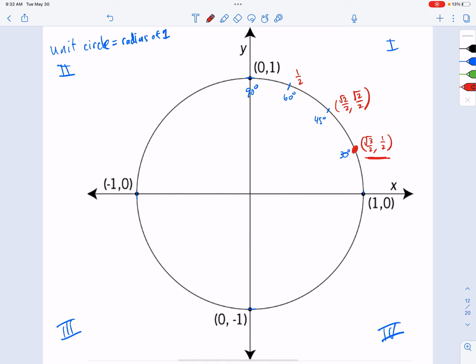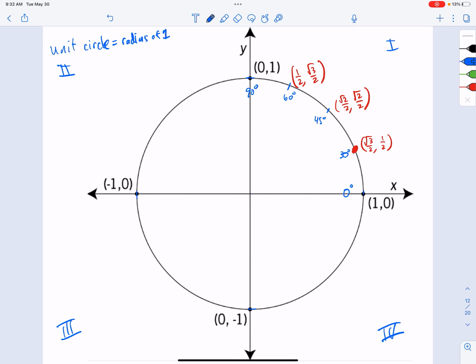So this is 1/2 and root 3 over 2. Okay, so these are the coordinates that occur in the first quadrant at each of these angles. And I could even write 0 degrees down here, and those are the coordinates, 1, 0. And then the coordinates at 90 degrees are 0, 1. So we have all the coordinates for the first quadrant.